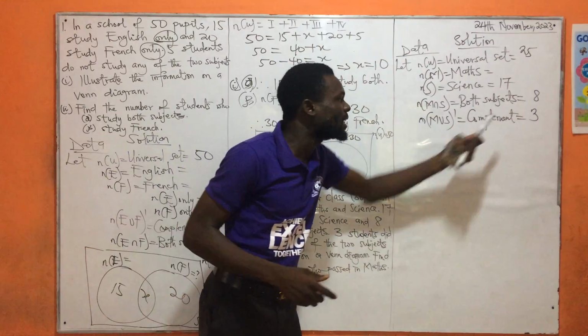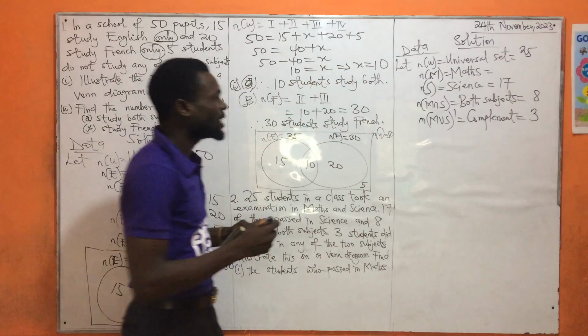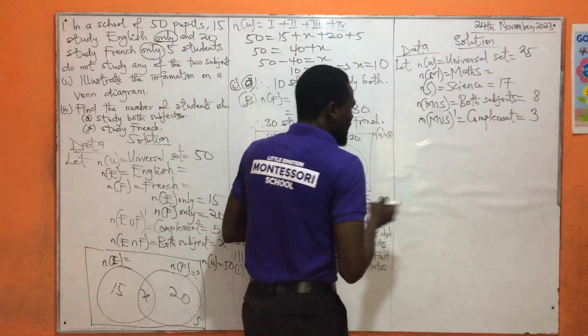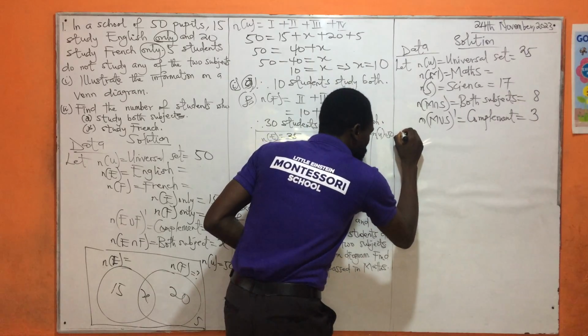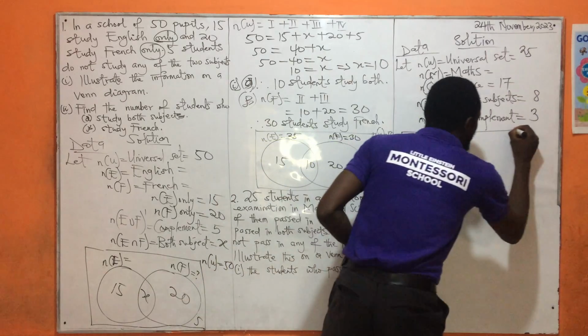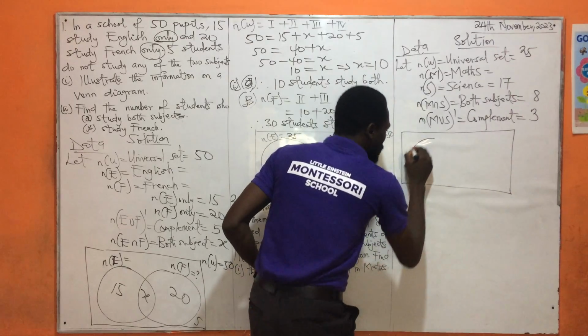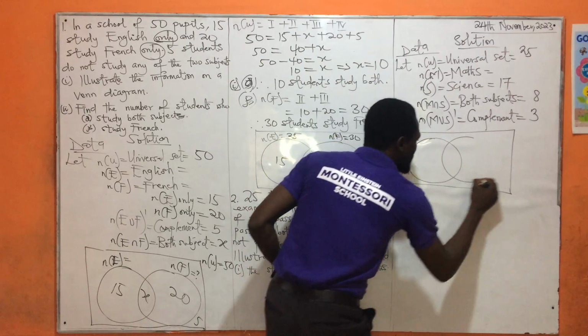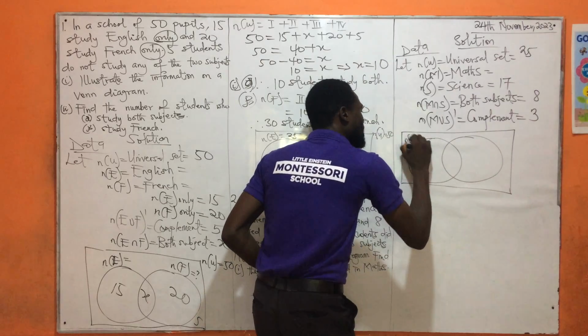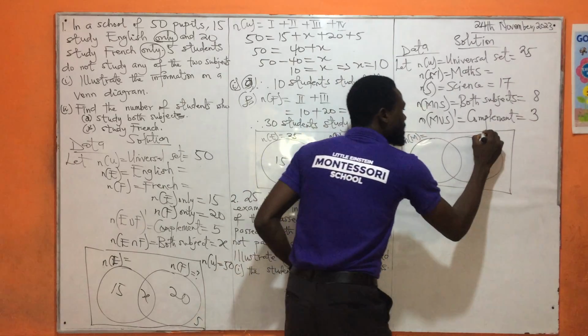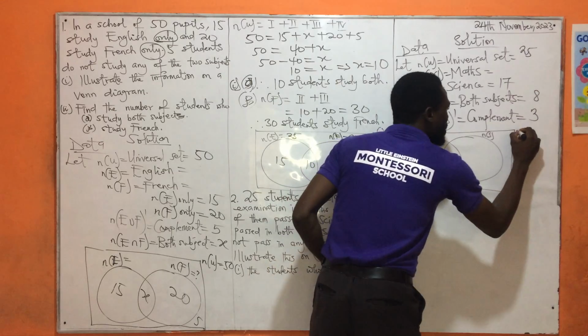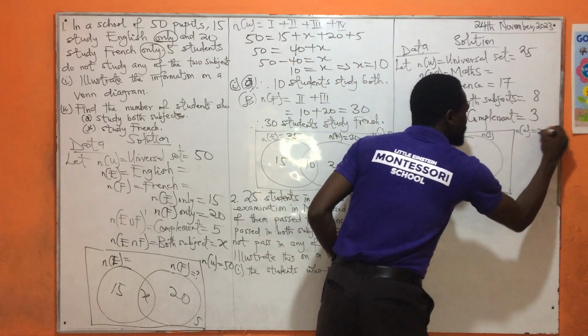So once I have my data, what do I do? Just draw your diagram and insert the values. So let me say this is my diagram. I have one circle overlapping the other. Let's say this is the number M, this is the number S, and we have our number U, which is 25.